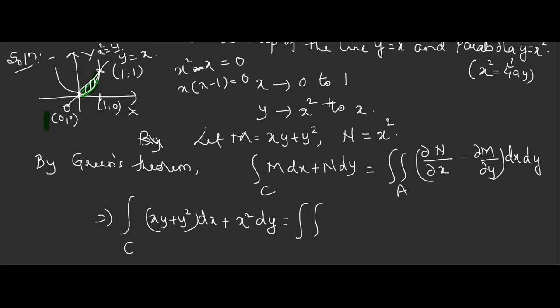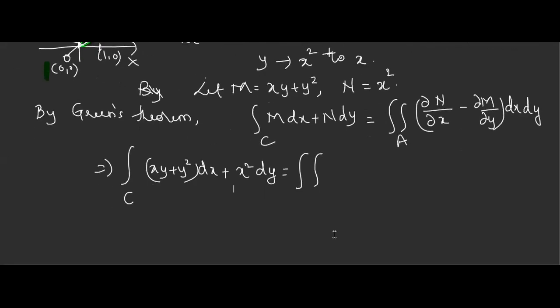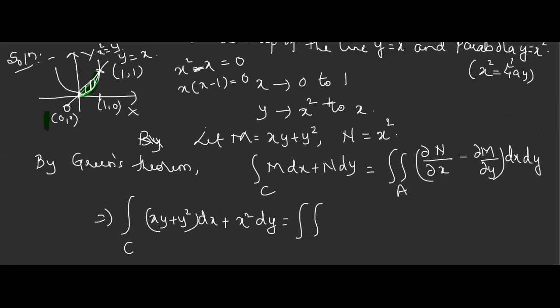Yes, outside it has to be written for x only. So x varies from 0 to 1 and then y varies from x square to x. Variable limits should always be written inside.